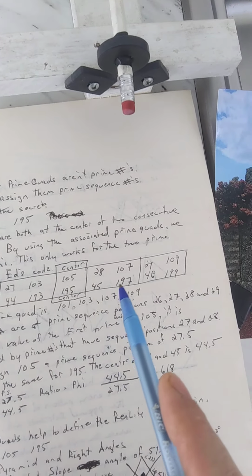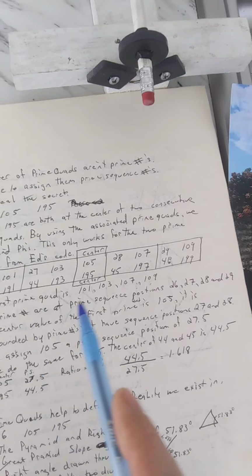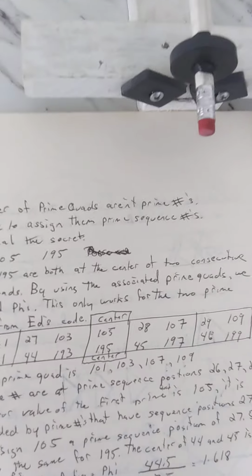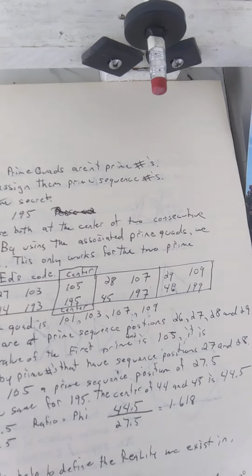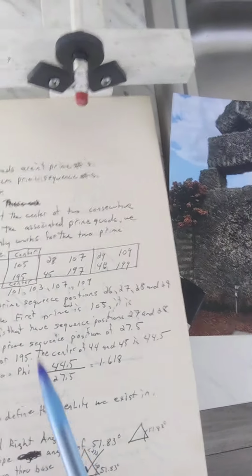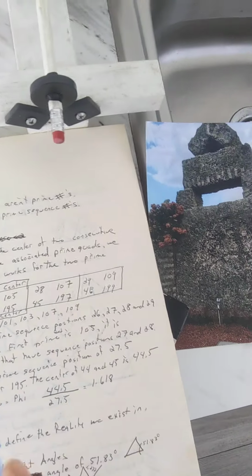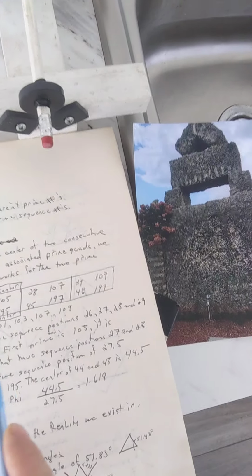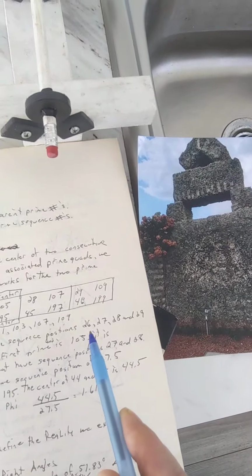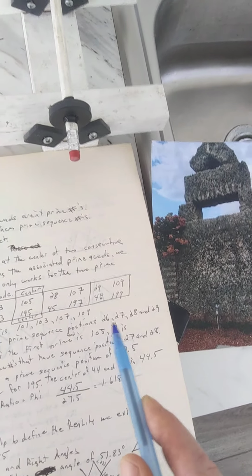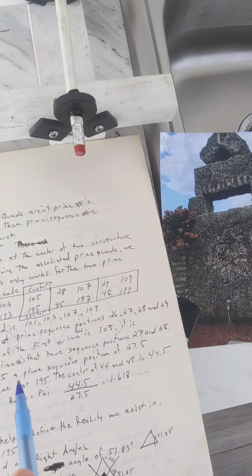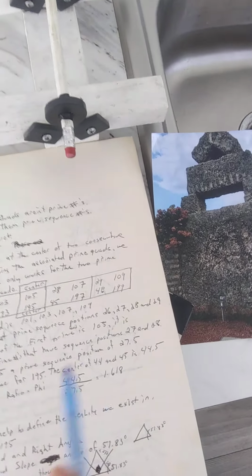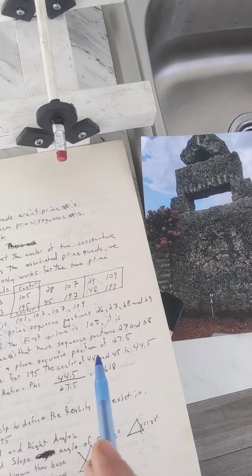This only works for the two prime quads from Ed's code, which is the 195, 105 at the center. The first prime quad is 101, 103, 107, 109. His prime numbers are at the prime sequence positions of 26, 27, 28, and 29. The center of the first prime quad is 105, and it's surrounded by prime numbers that have sequence positions of 27 and 28.